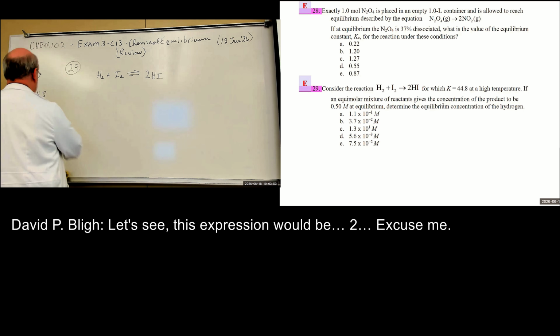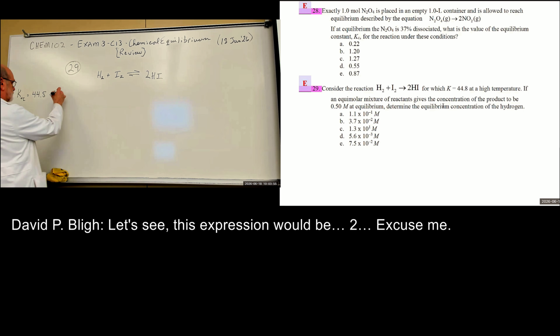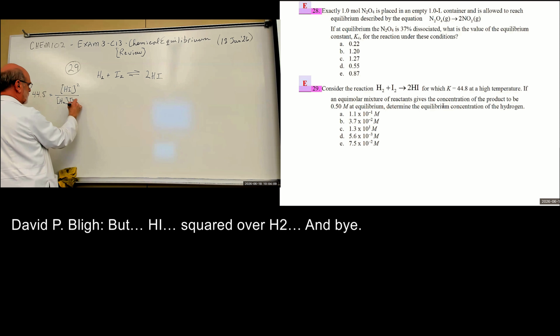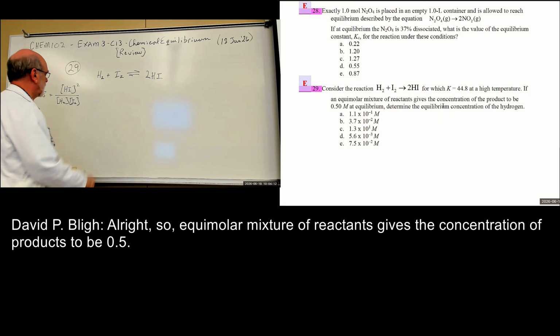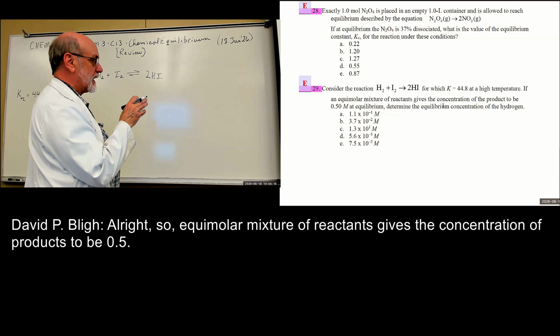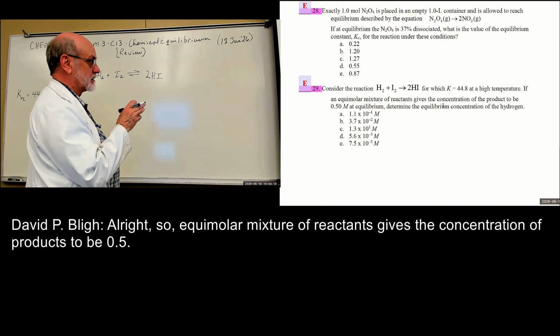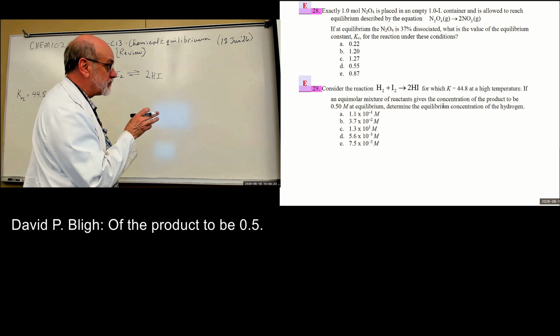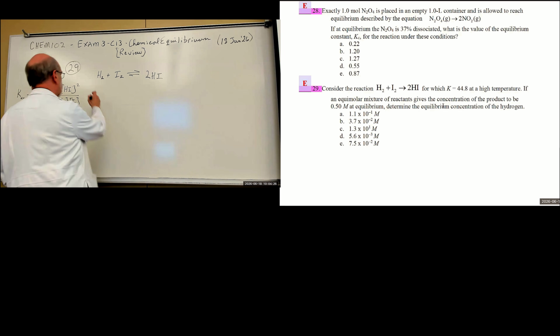Okay. Let's see. This expression would be HI squared over H2 and I2. An equimolar mixture of reactants gives the concentration of the product to be 0.5.